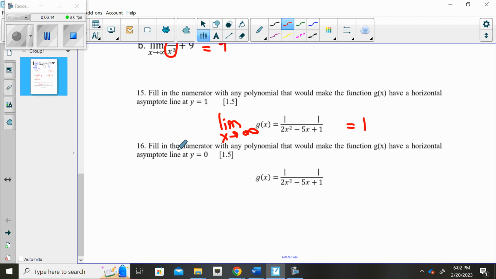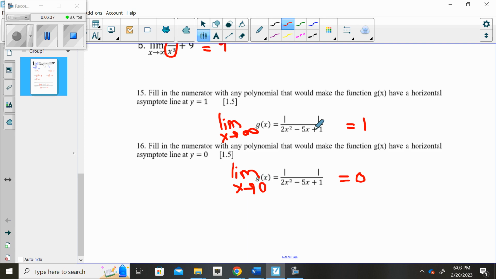And then this one down below, I want a horizontal asymptote line at 0. So I need to be able to take this limit and have it be 0. Actually there would be infinitely many things you could put in that numerator. So pause the video and think about what you would need to put.